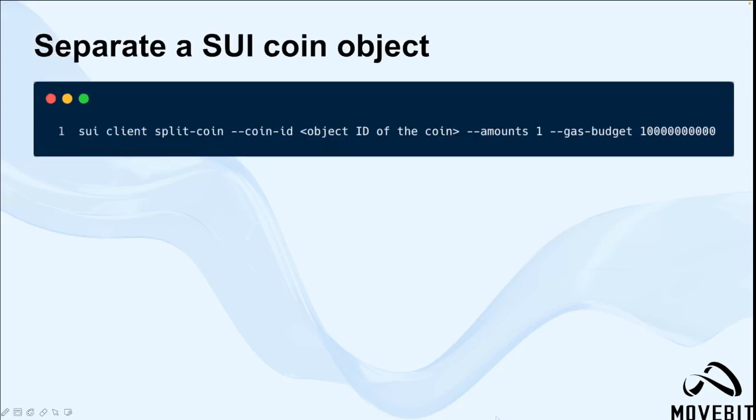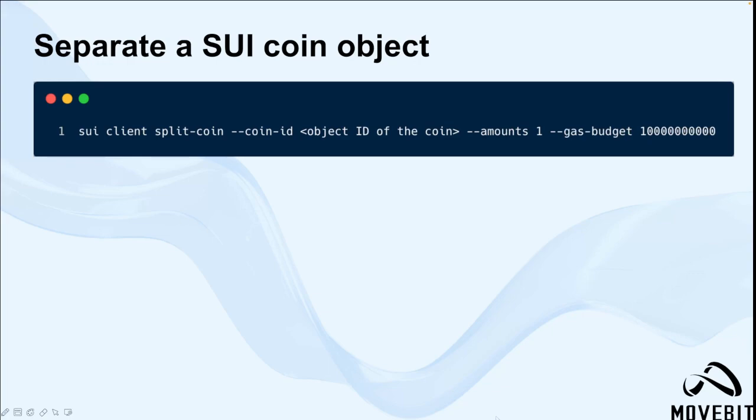Then we'll separate a Sui token with the amount 1 to use as a payment object. You can use the Sui command line tool to view a list of the available Sui coins under your account and select one to split. After that, you can store the object ID of the newly split Sui coin with a balance of 1 as an environment variable.